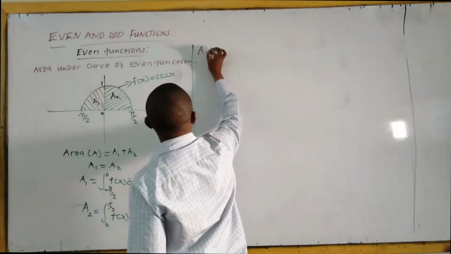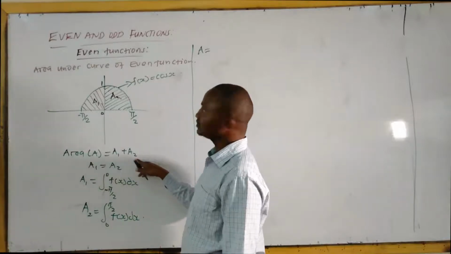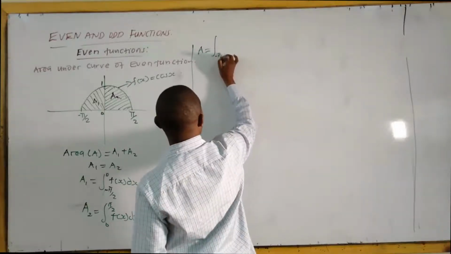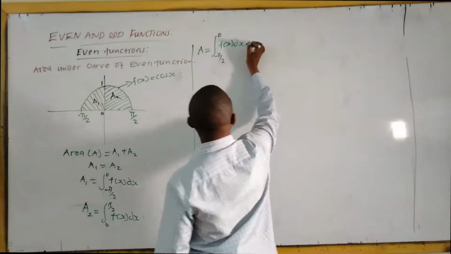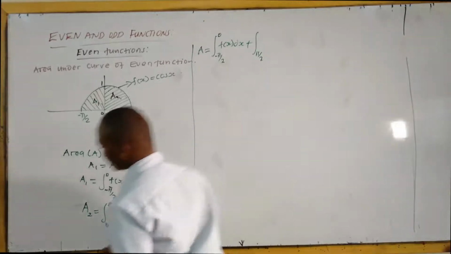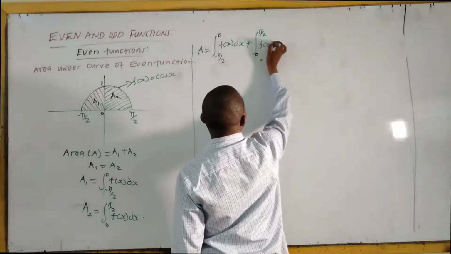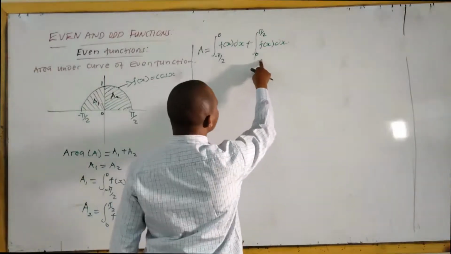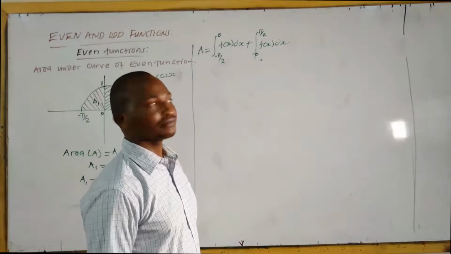So because total area is area 1 plus area 2, we can say this is the same as integrating from negative pi over 2 to 0 of the function of x with respect to x, plus integrating from 0 to pi over 2 of the function of x with respect to x. But these two are equal.